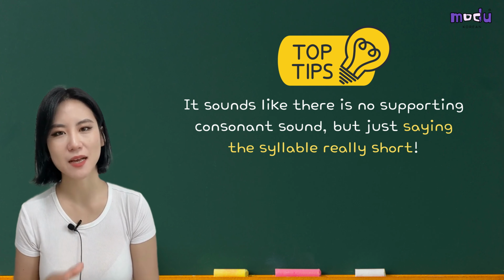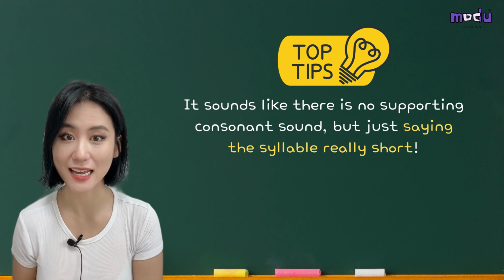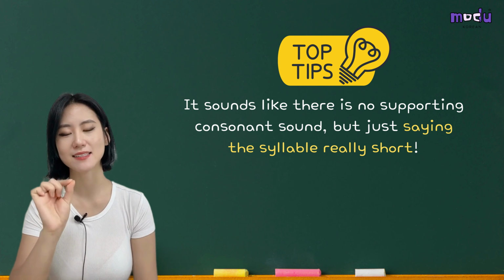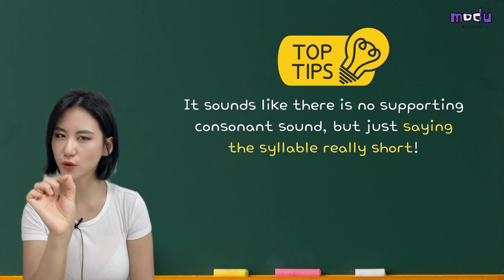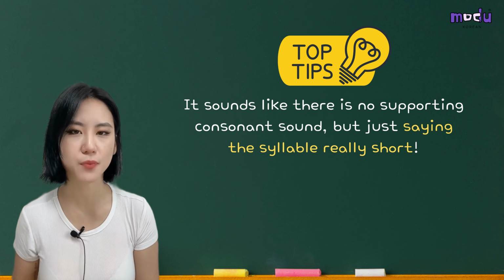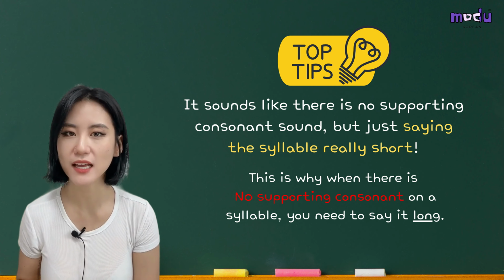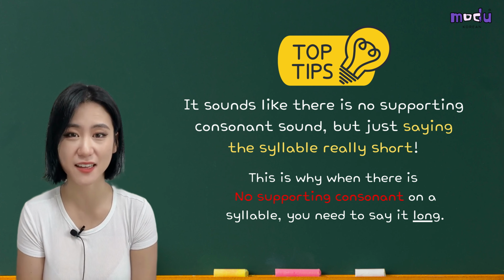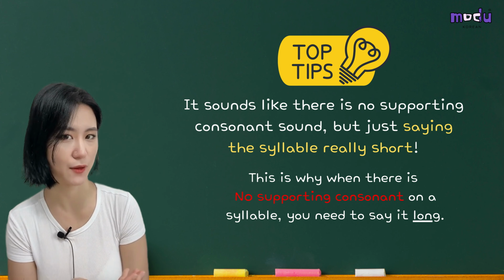It almost sounds like I'm not saying any kind of supporting consonant at all, right? It almost just sounds like I'm saying the syllable really short. Ah. Which is why when there is no supporting consonant on a syllable, it's important that we say it long, because otherwise it'll sound like there is a supporting consonant like one of these on it.